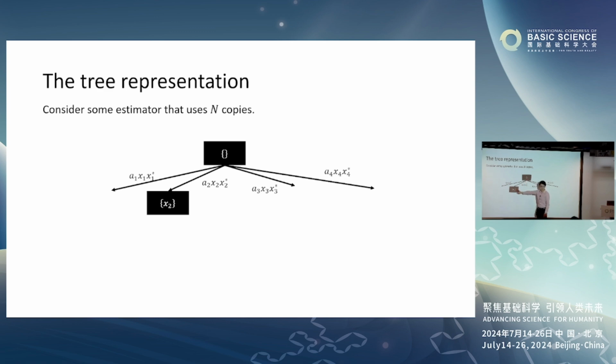Based on this information, but this information alone, it must now choose the next measurement. So if the first measurement came out x2, it chooses the following 3-element POVM, and let's say it measures the third element. Then my measurement information is literally that the first measurement came up this and the second came up this.